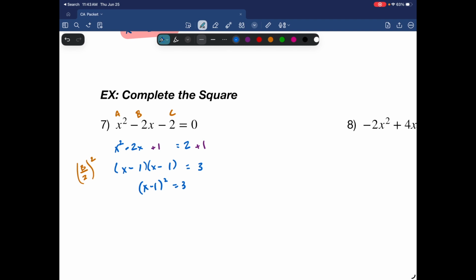From here, you could do the square root property. This was the square I was trying to get to show up, and that's how you do it. Taking the square root of both sides, you get x minus 1 equals plus or minus the square root of 3, so x equals 1 plus or minus the square root of 3. And that's your answer.